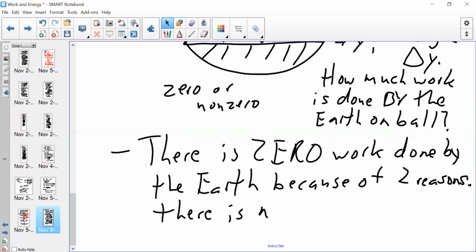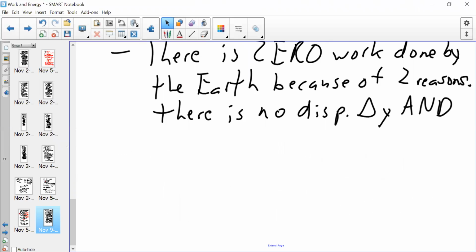As the ball is in the air, it's just stationary. There's no displacement once it's hanging there. There is no displacement, delta Y. And by default, there is no change in kinetic energy, or no work.